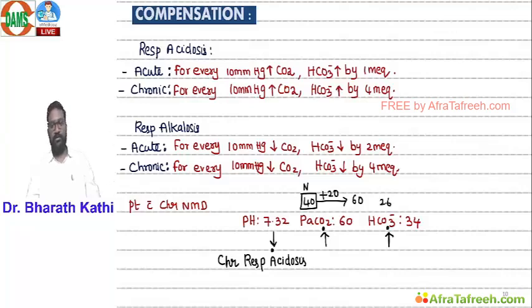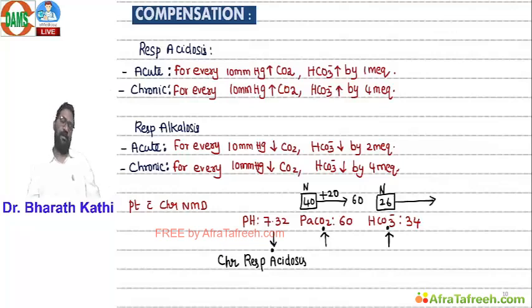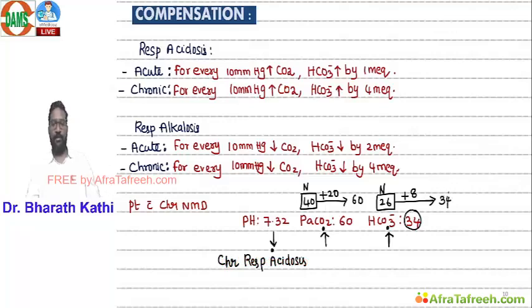To call it a compensatory phenomenon, bicarbonate increases from 26 to how much? For 10 it is 4, for 20 it is 8, 26 plus 8, 34. Given in the question and expected value are correlating. So it is adequate compensation.